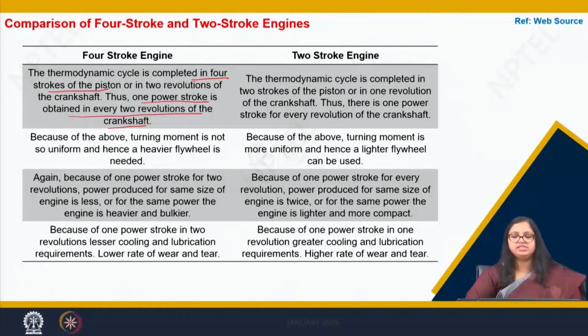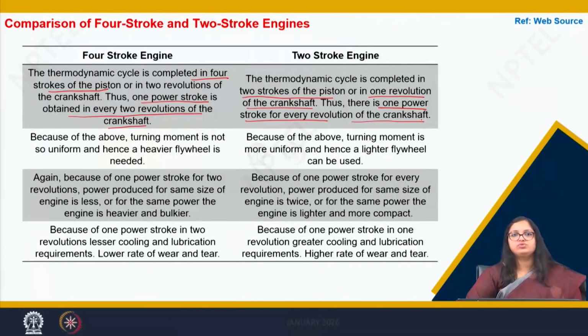However, in a 2-stroke engine, the thermodynamic cycle gets completed in 2 strokes of the piston, or only 1 revolution of the crankshaft. So that gives us 1 power stroke for every revolution of the crankshaft.